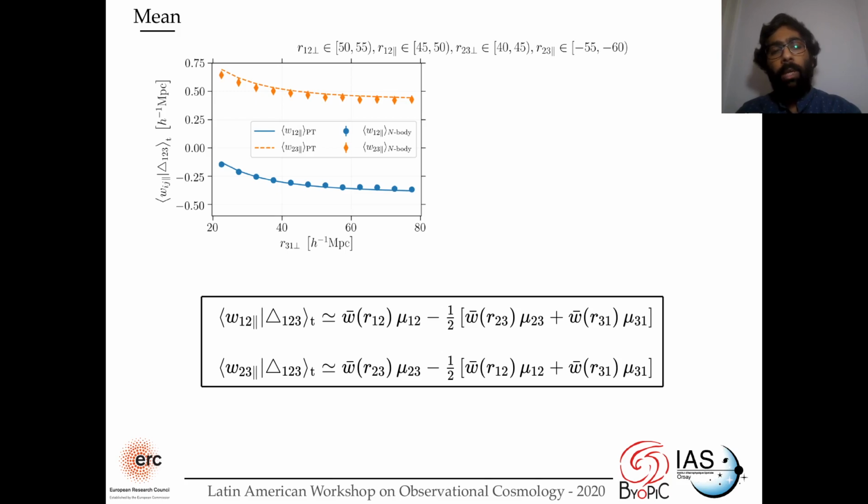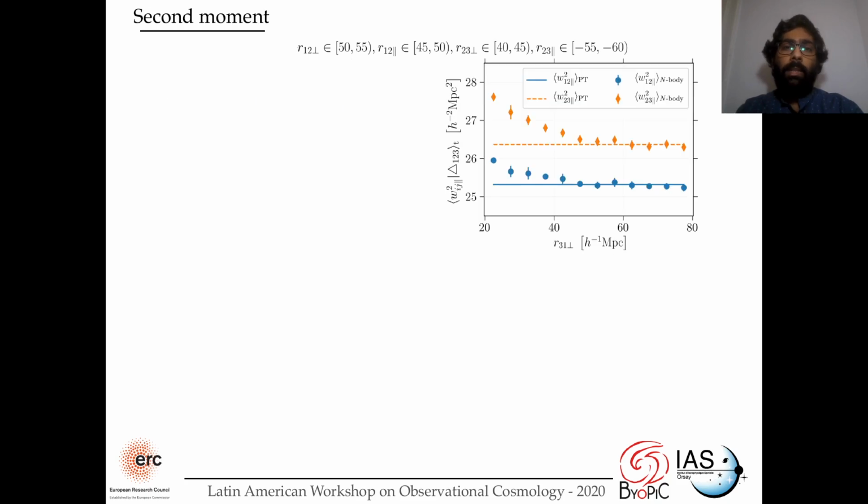Analytically, we can write it as a sum of various pieces of the two pairwise velocity distributions, the mean pairwise velocity. And this can also be checked for the second moment, basically the velocity dispersion. We can see that there is a high fidelity even above 40 to 50 megaparsec in this plot.